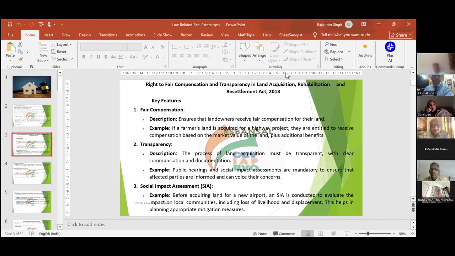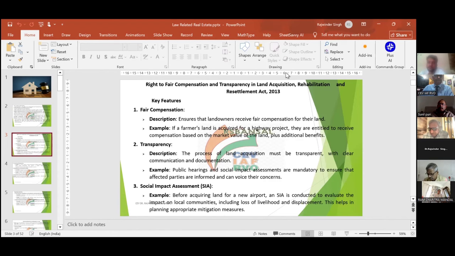For example, if a farmer's land is acquired for a highway project, they are entitled to receive compensation based on the market value of the land, plus additional benefits are also given. Not only the market value of the land, certain other benefits are also given, which we will discuss in the coming slides.